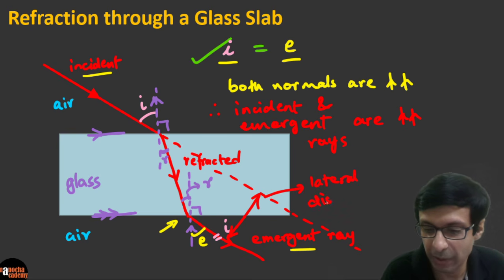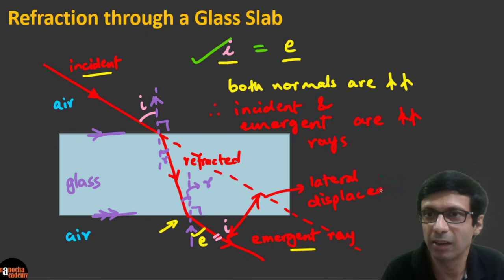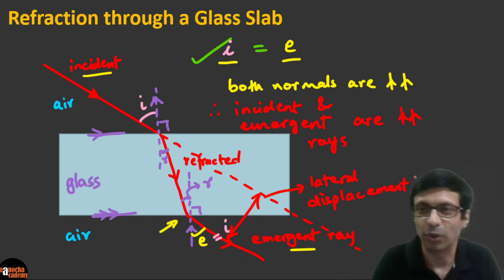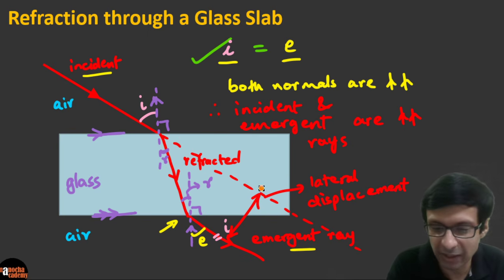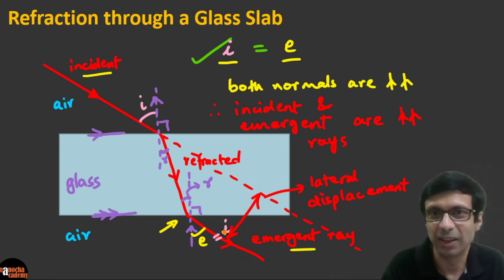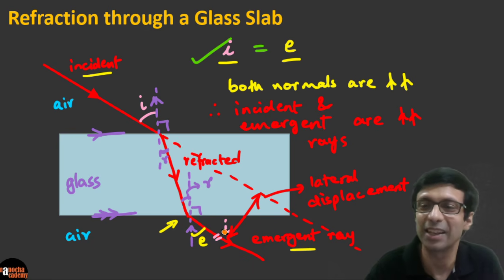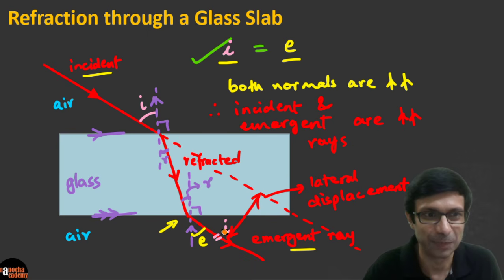Okay, so there has been a lateral displacement of the light. So instead of the light going straight here, it's having a displacement, right? So the light has shifted over here. And this is the important point, that incident and emergent rays are parallel, and so there's a shift in the light.